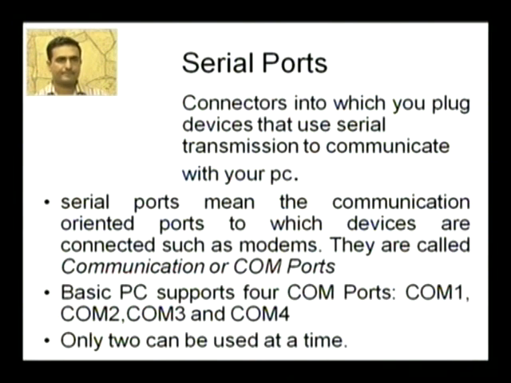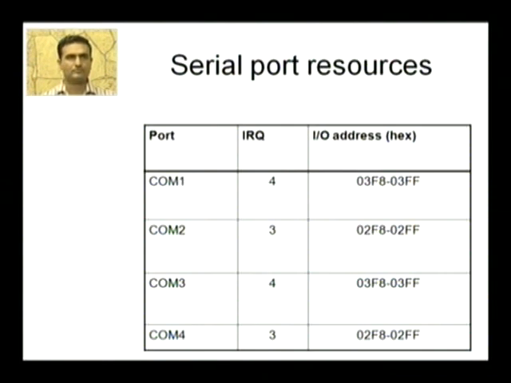So a PC can have 4 serial communication ports, and these ports are named COM1, COM2, COM3 and COM4. Only 2 can be used at a time. So from these 4 communication ports, only 2 can be used at a time.